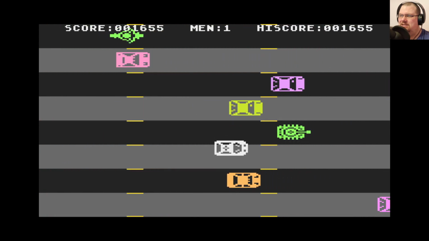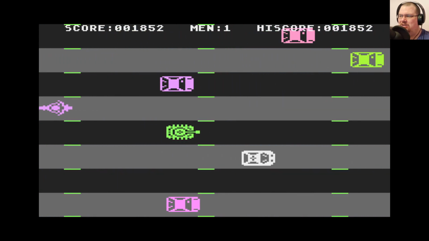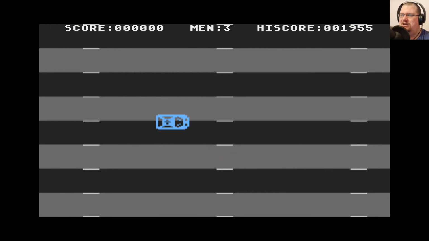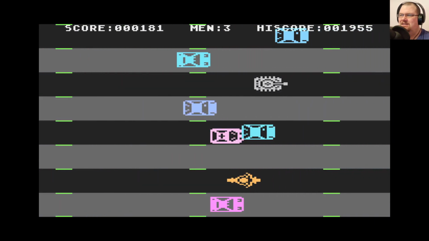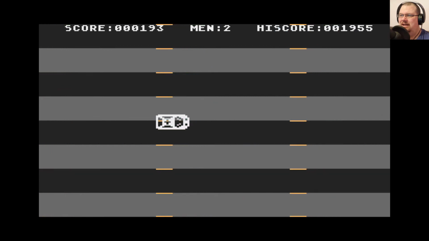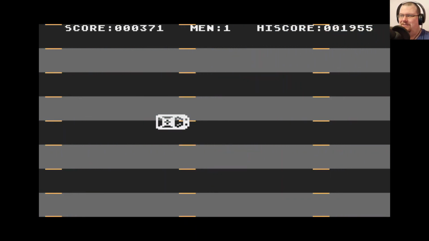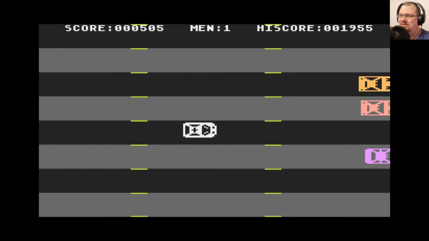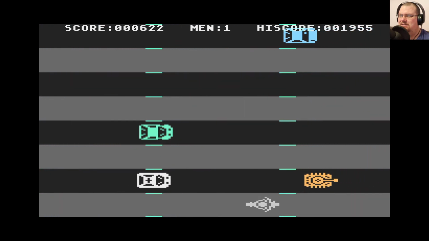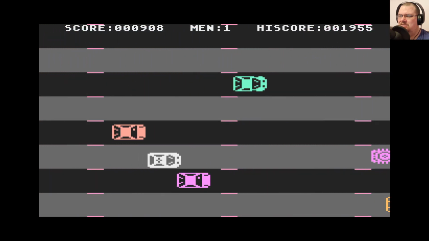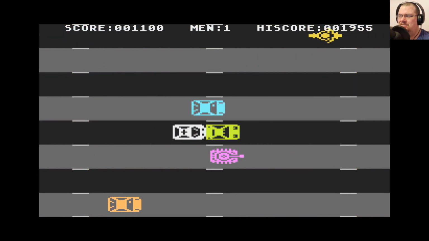It's not quite as refined or fair as Fire Chief either, because, as you can see, the traffic randomly changes speed at various points, which makes it quite difficult to position yourself and not get slammed into.